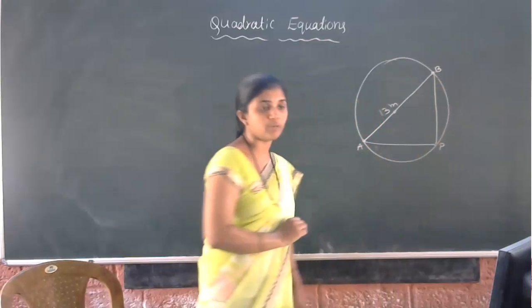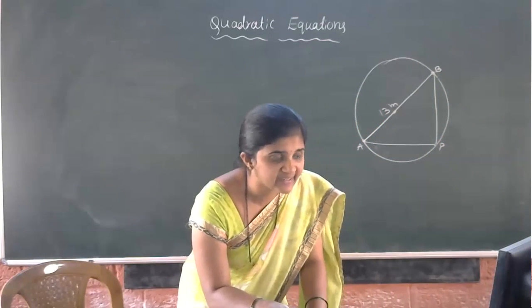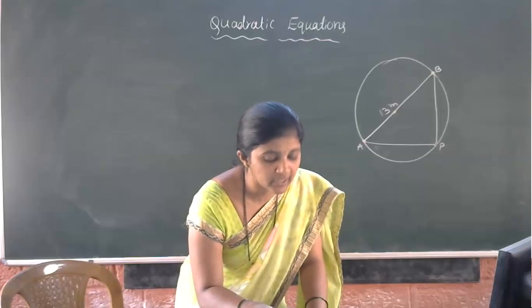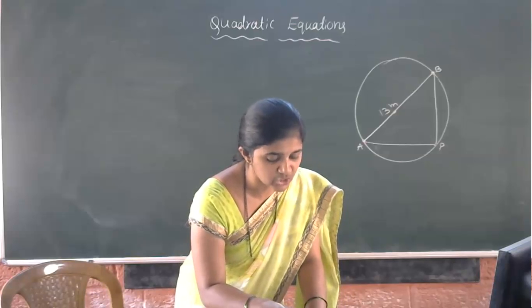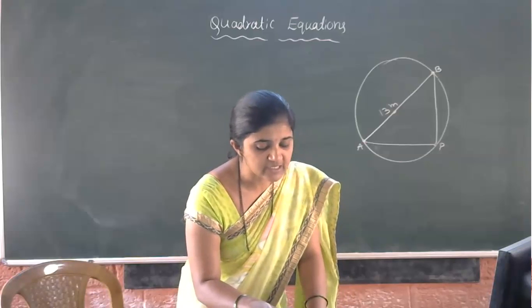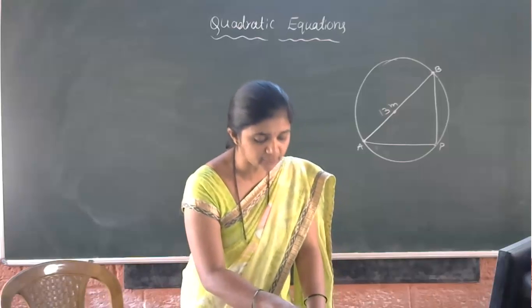Let us read the problem again. Diagram is like this. Okay, a pole has to be erected at a point on the boundary of a circular park of diameter 13 meters in such a way that difference of its distance from two diametrically opposite fixed gates.